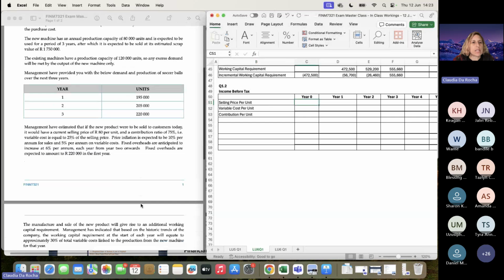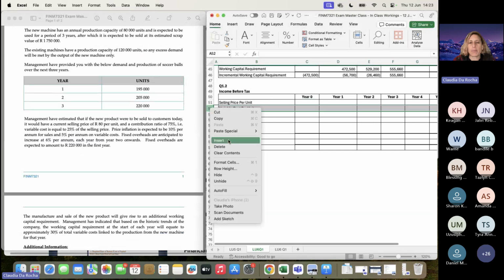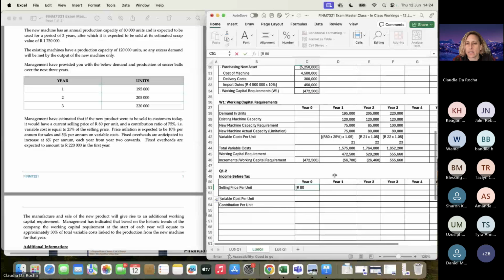Okay, so selling price, we know it's 80 Rand per unit, but there is an inflationary adjustment. We know that our inflation is 10%. Oh, and we start in year 1 and not year 0, because year 0 is the initial investment.